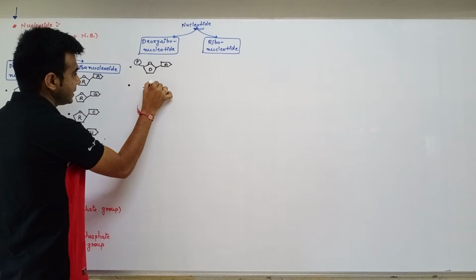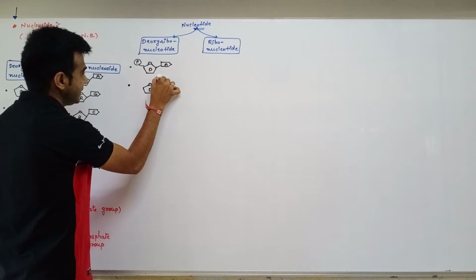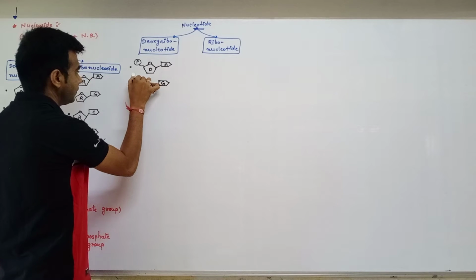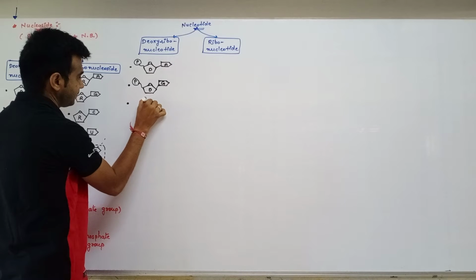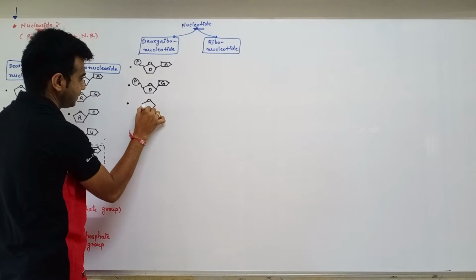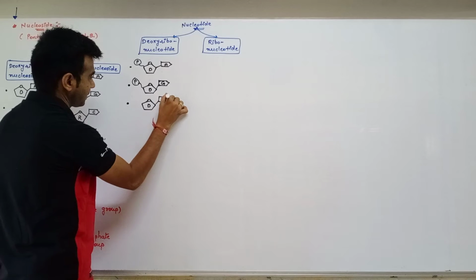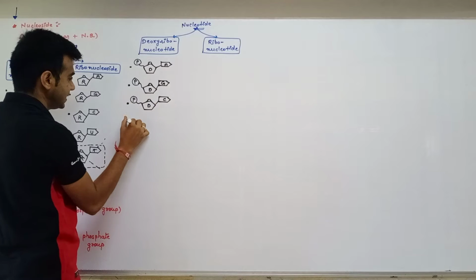So again deoxyribose sugar, adenine, then here guanine. Here the phosphate group is there. Cytosine, here the phosphate group is there.